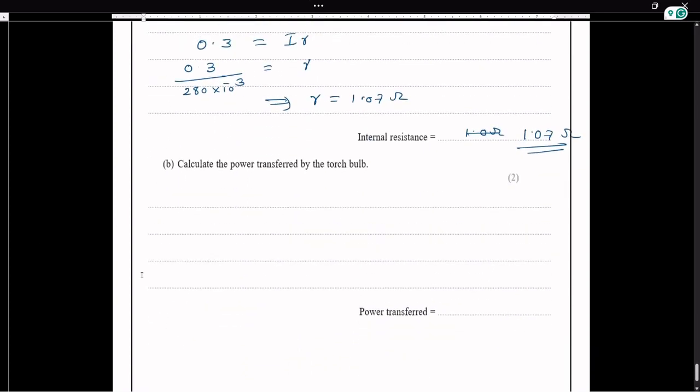Now the last question, calculate the power transferred by the torch bulb. As we know, power is the product of voltage and current. The current is 280 times 10 to the power of -3, and the voltage across the load resistor is 1.2, because here the load is the torch bulb.